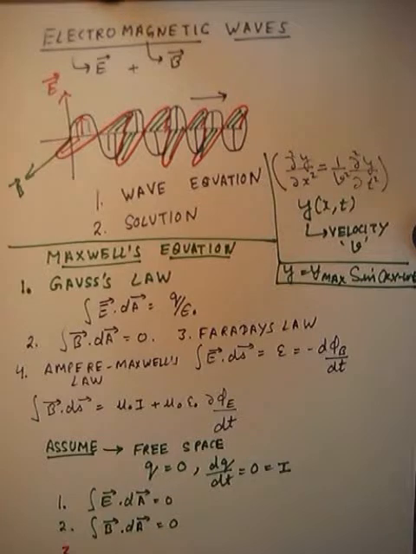The third one, which is this, will be the integral of E vector dot ds vector equals minus dφ_B upon dt.